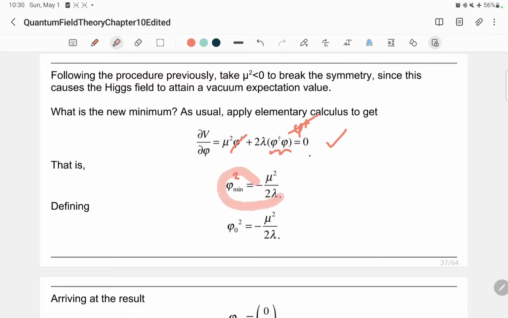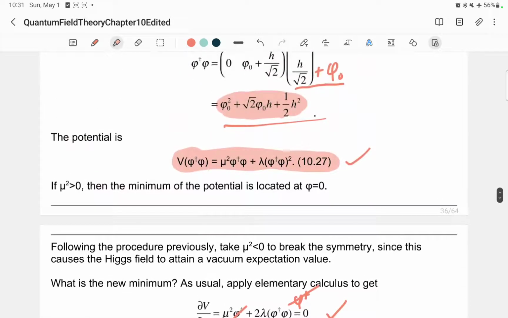So we can define this one to be the minimum, our phi sub o, which is just this one here.